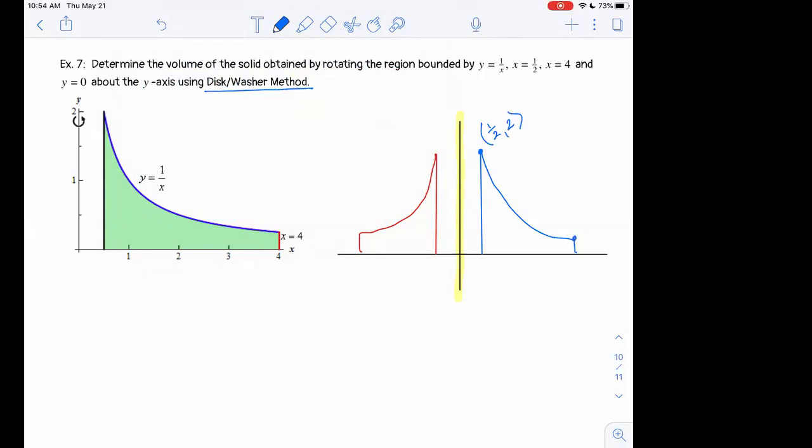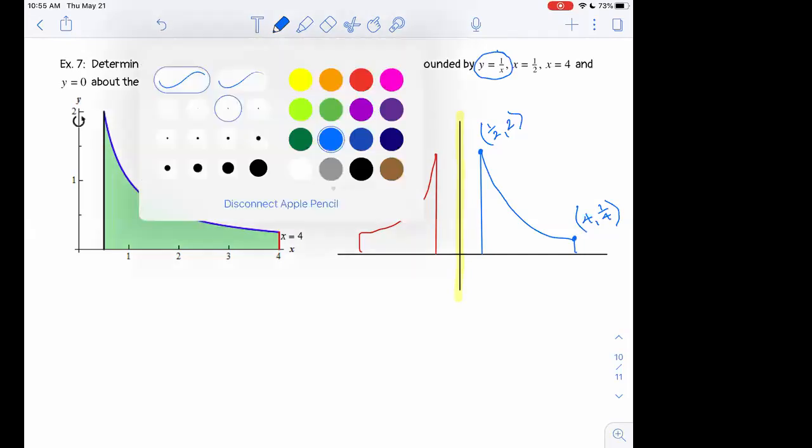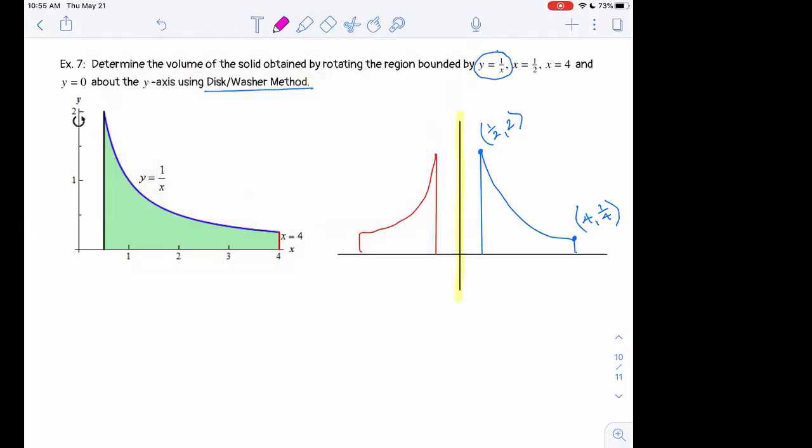And this point down here has an x value of 4 and a y value of 1/4. I get the y values just by plugging into this equation right here. If I want to draw the slices on my diagram, then if I'm committing to disk and washer method, these slices better be perpendicular to my axis of revolution.